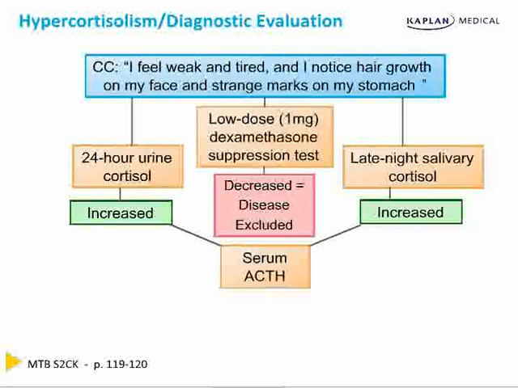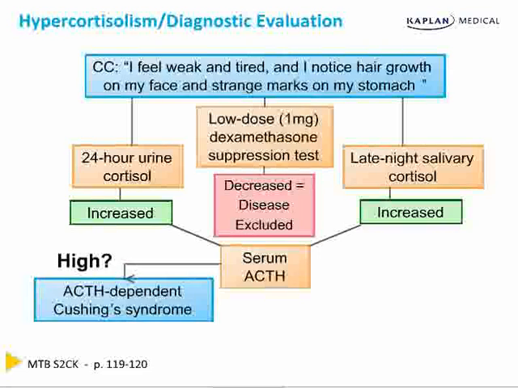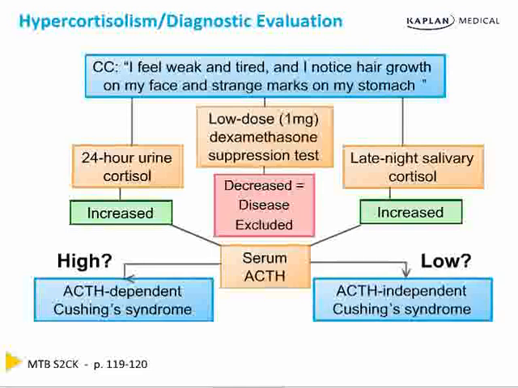Once the 24-hour urine cortisol or late night salivary cortisol is up, then we get an ACTH level, because that's going to help us to know, hey man, it's high, it's ACTH dependent. Oh man, it's in the pituitary or ectopic. Oh no, it's low. Ooh, it's adrenal overproduction, because if it's low ACTH, it's adrenal overproduction.